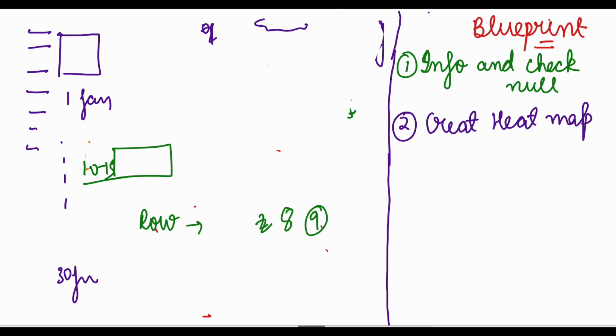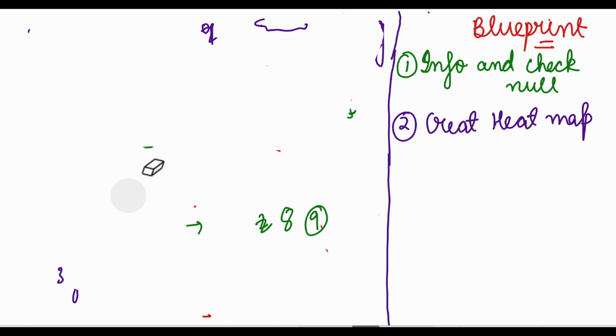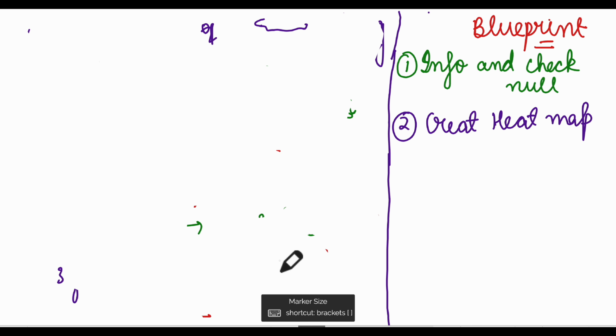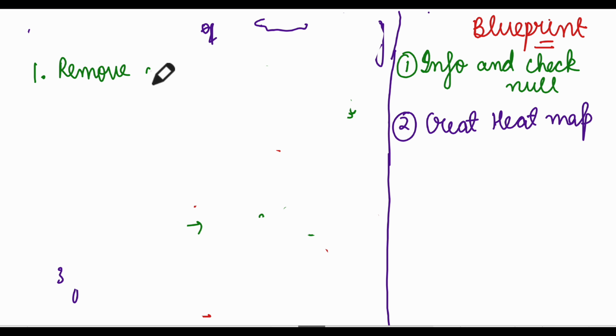Because eventually you have to make 3 decisions when you have data missing. So what are those 3 decisions? It boils down to 3 things. Either you can remove the missing rows entirely.